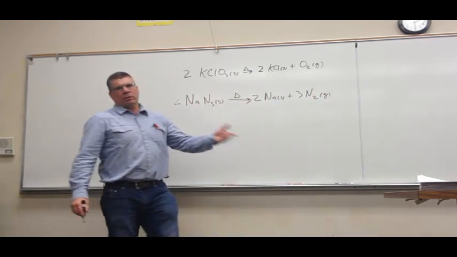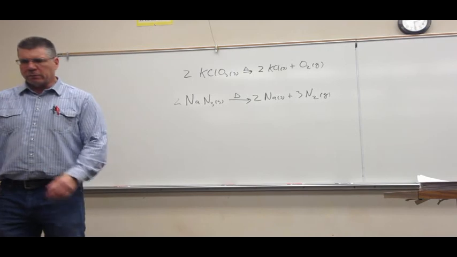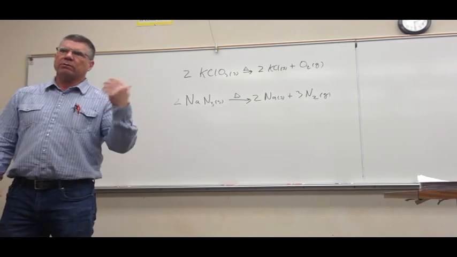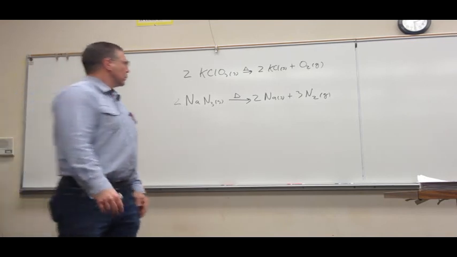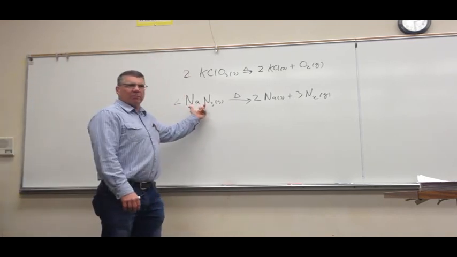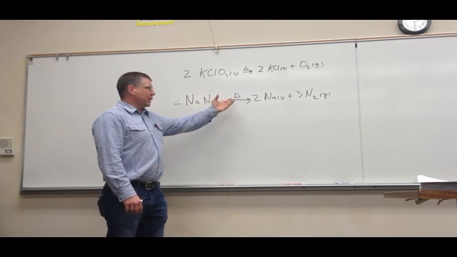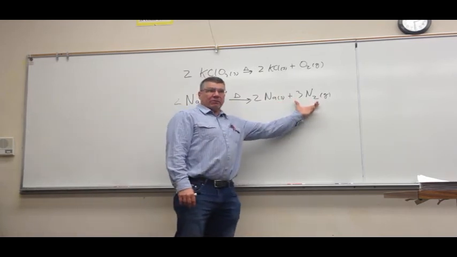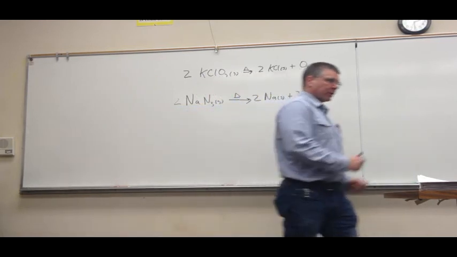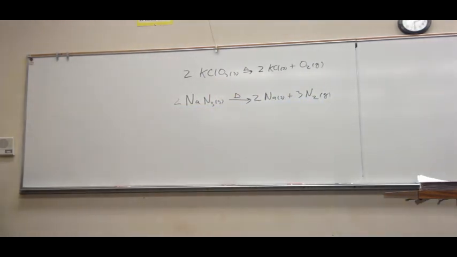Right. This is one the book talks about, commonly used in airbags in cars to inflate the airbag. You have a solid right here, which doesn't take up much volume. Solids take up really little volume compared to gases. And this is a gas, right? So the gas, when it's produced really quickly, inflates that airbag.